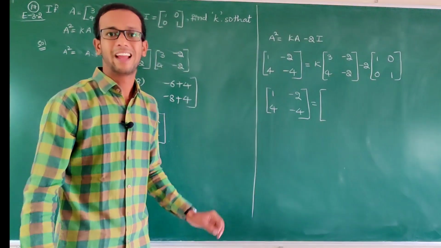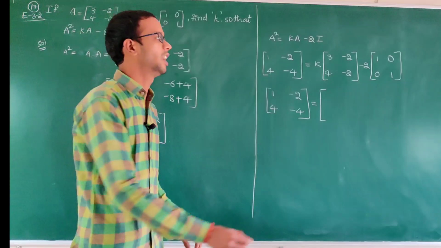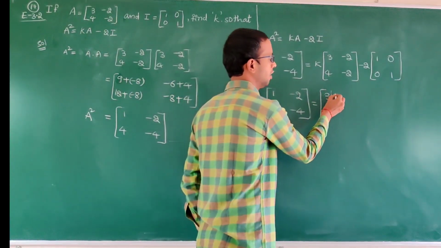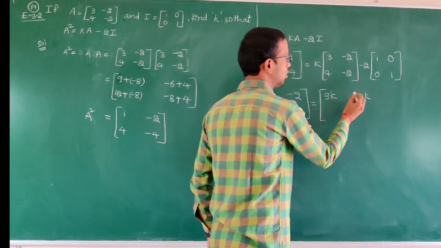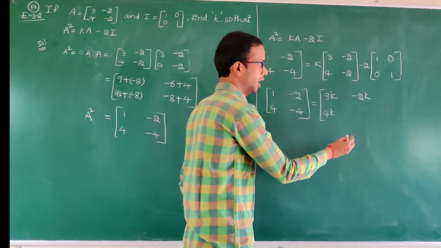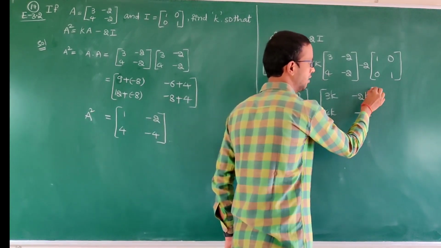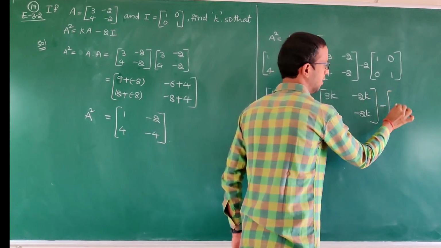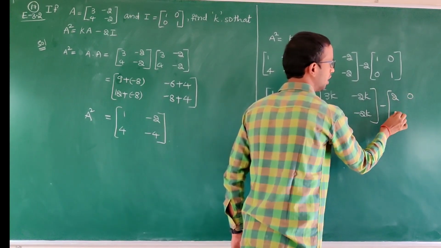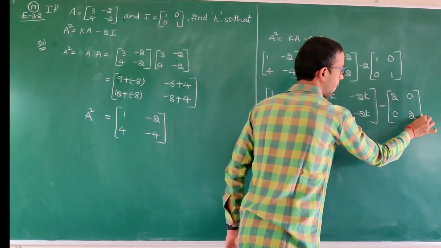Here we do scalar multiplication, each and every element multiplied with k: 3k minus 2k, 4k minus 2k, minus 2 times the identity.